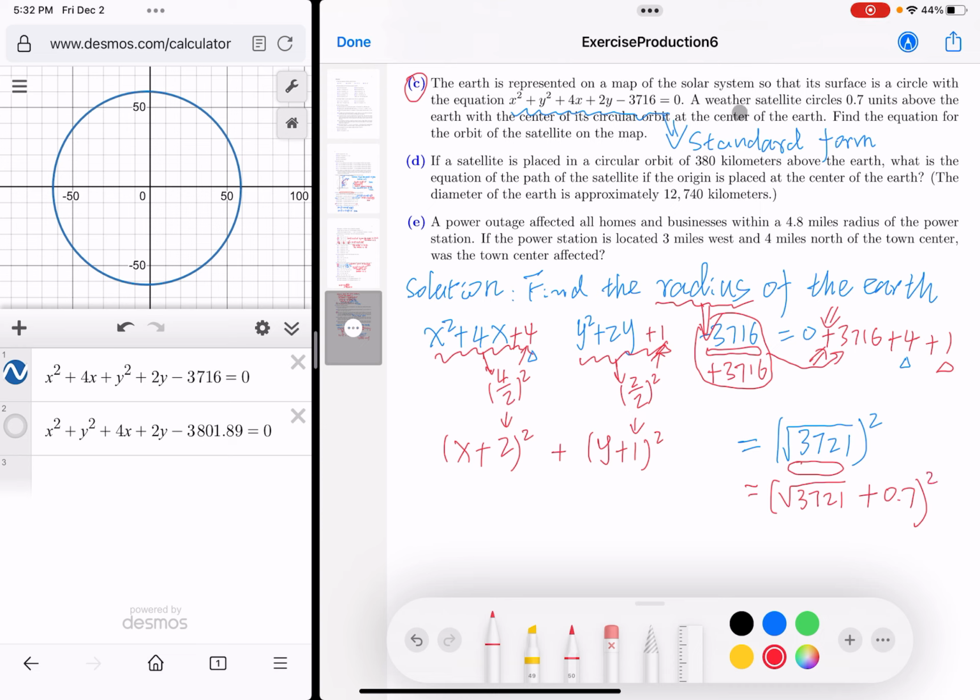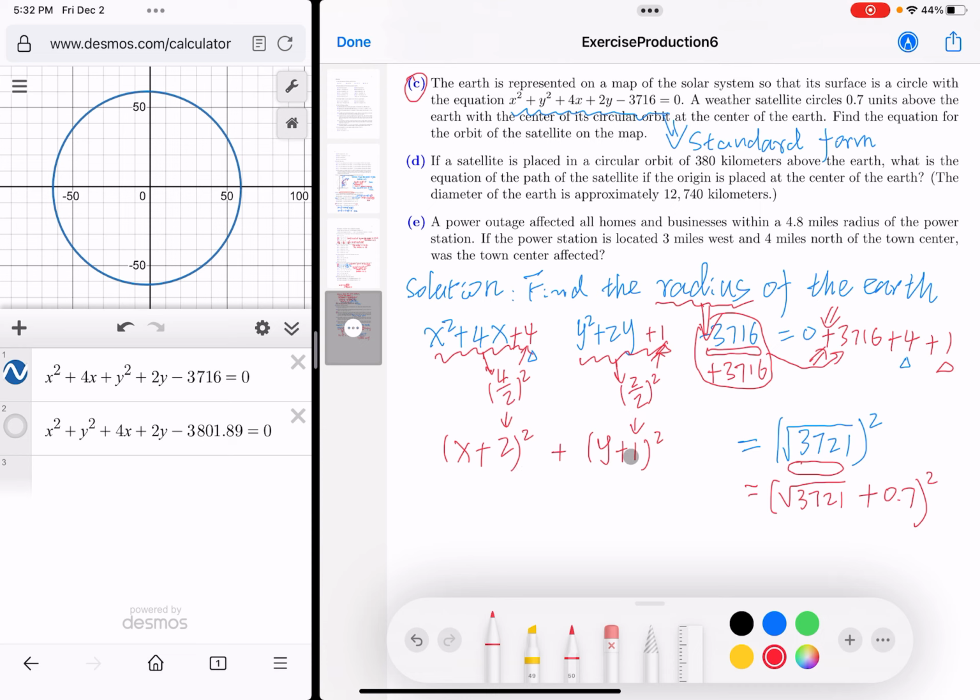This would be the radius of the satellite, right here, because the radius plus 0.7 would be somewhere here. There's a circle.